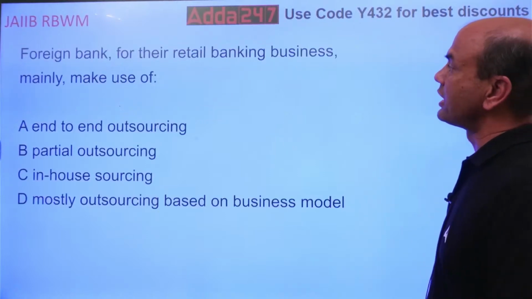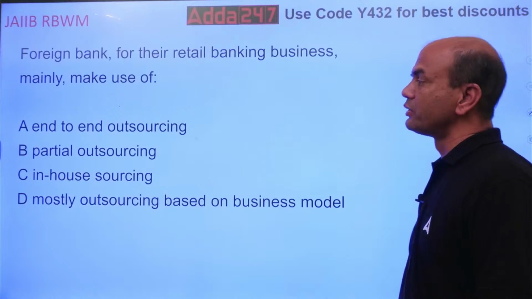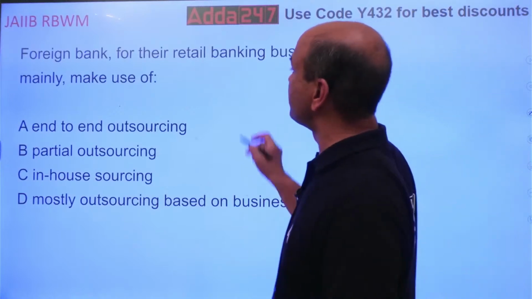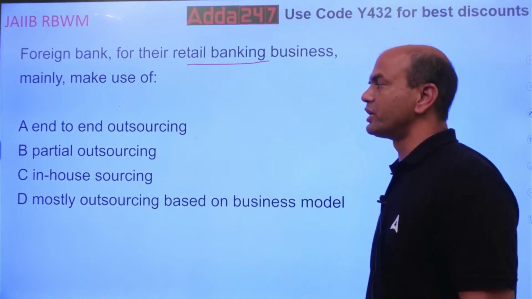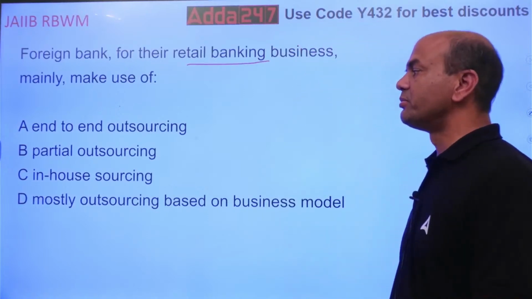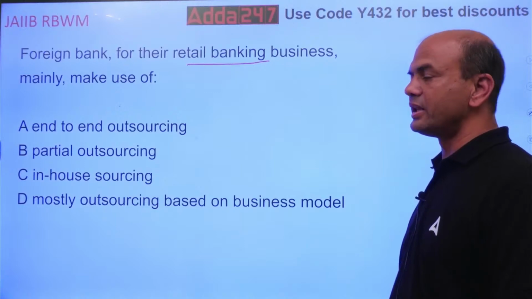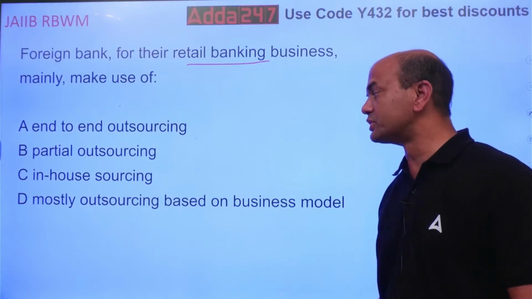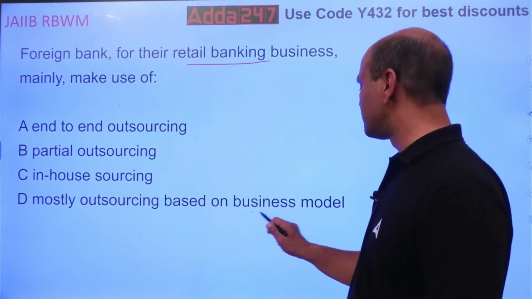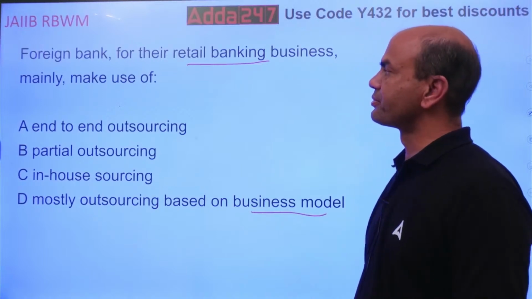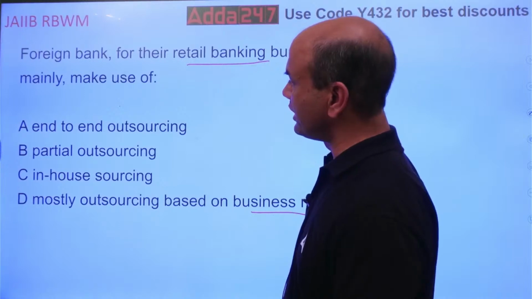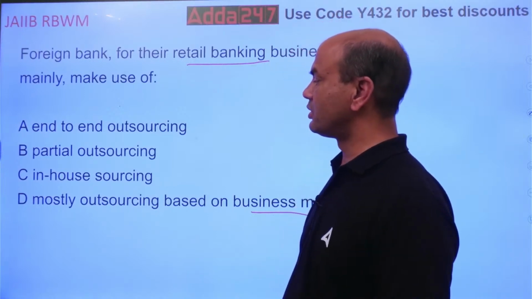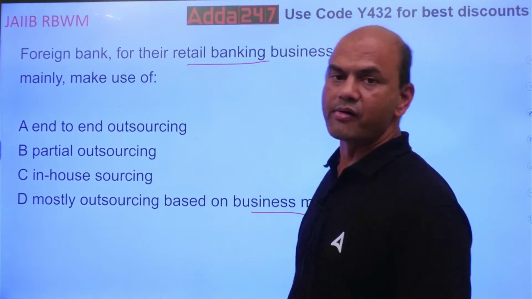Foreign banks for the retail banking business mainly make use of what? End-to-end outsourcing, partial outsourcing, in-house sourcing, or mostly outsourcing based on business model. So foreign banks do what? In-house, end-to-end, partial, or business model.